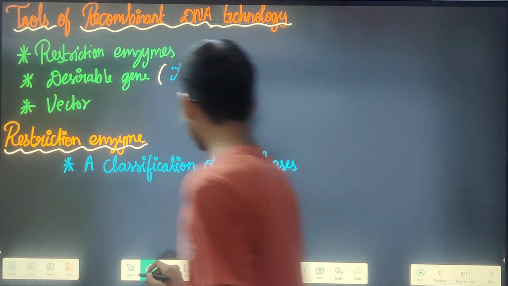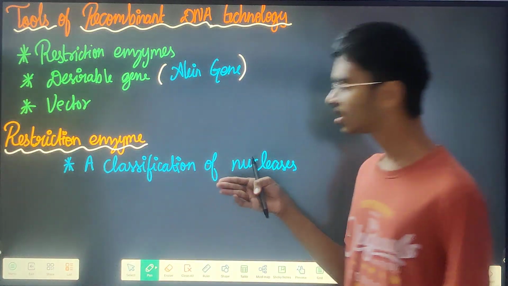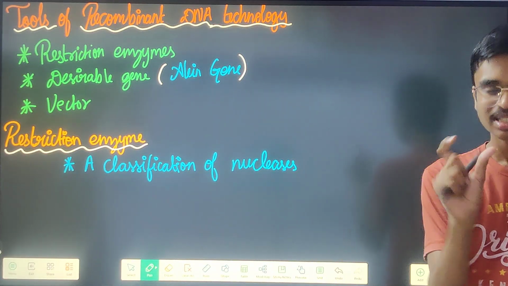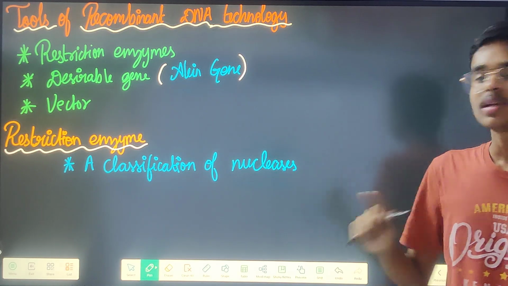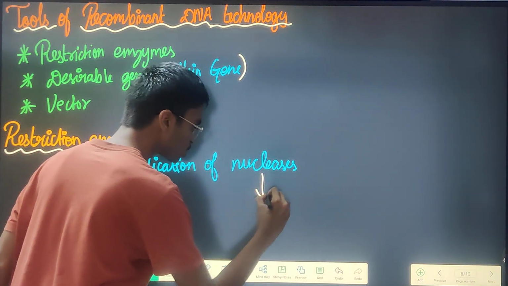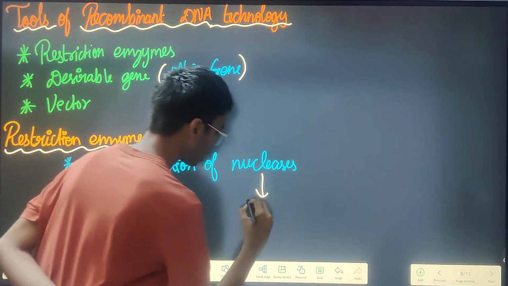Well, what is a nuclease? Any substance that is used to cut the genetic material, the DNA in the nucleus, we call a nuclease. A classification of this is what we call a restriction enzyme.